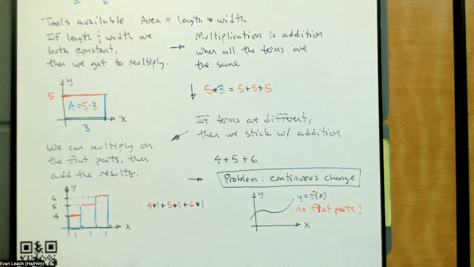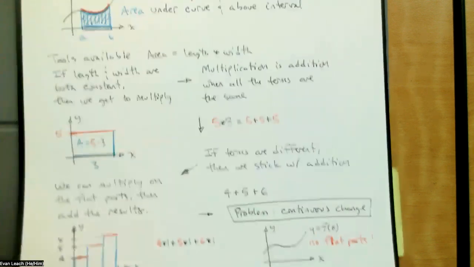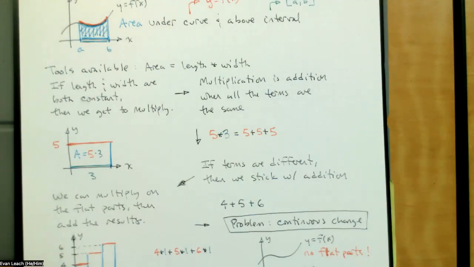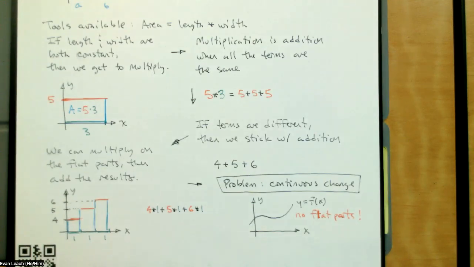When the function does go flat, when the derivative is equal to 0, for example, that happens at exactly 1 point, and immediately after that, it's not flat anymore. The width where that function was flat is 0. So the area there is 0. That's kind of a problem because we know that there is area here. We could see that. I colored it in with the blue pen. If the area was 0, I wouldn't have been able to cover it with the blue pen. So we know there is area. Problem is there are no flat parts, so we don't get to use our multiplication.